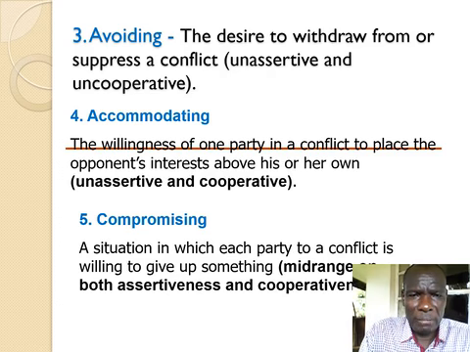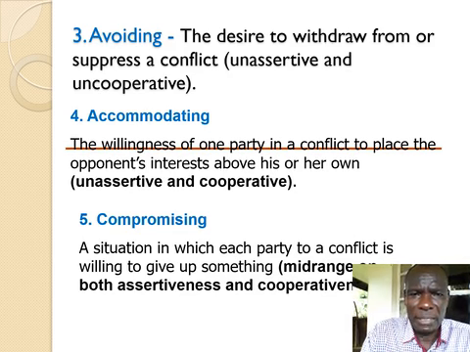Because when you don't talk about it, when you don't attempt to solve it, it goes underground and can explode. So avoiding a conflict is not very advisable, because you need to verbalize the issues that are at stake. You need to cooperate with the other party to the conflict. Otherwise, you are sitting on a time bomb.